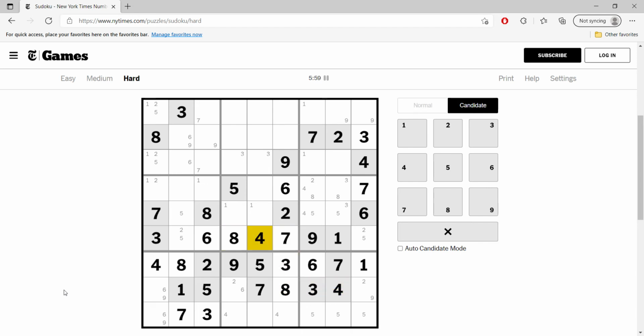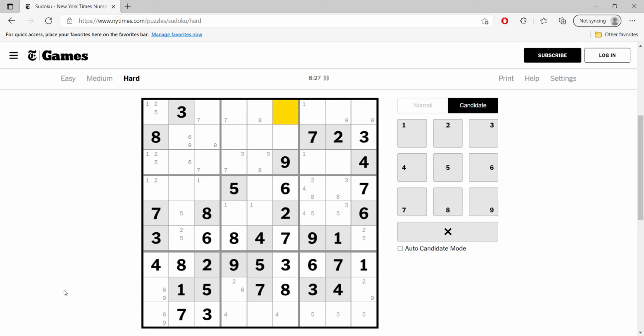This is 8. 7s are just in 2 cells, but beyond that we don't really know. 6 doesn't really give us anything. This 8 means 8s are like this. Again, that doesn't really give us anything.